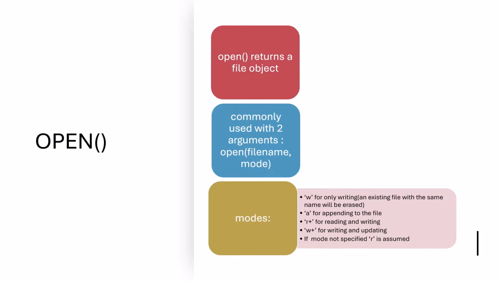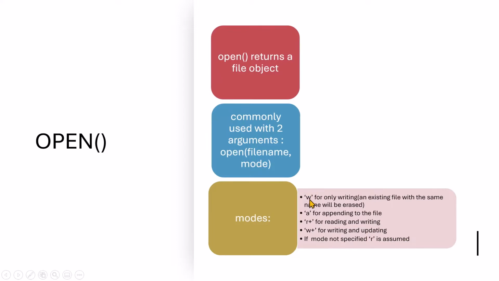The file name is mandatory because we need to specify the file from which we want to read text or to which we want to write text. If we don't specify the mode, as you see on your screens in modes, if mode is not specified, read only is assumed.